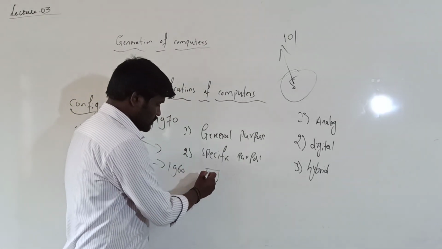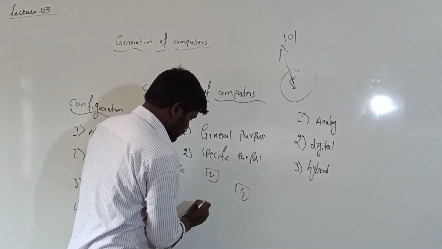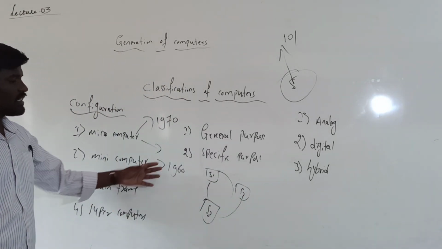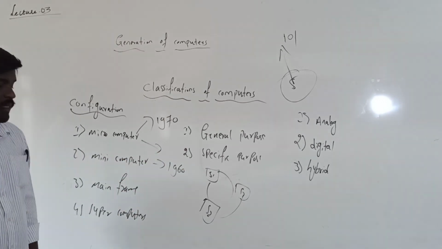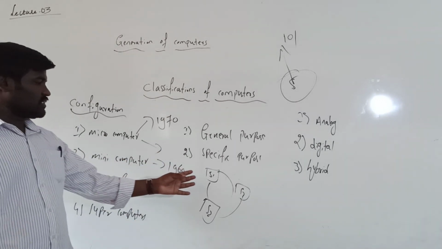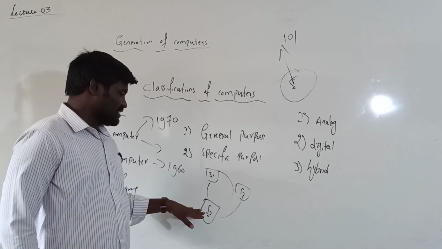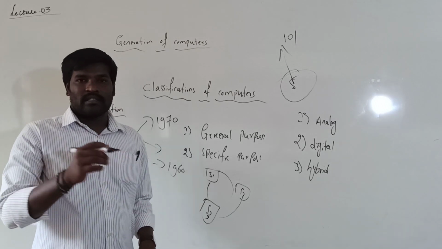So this is system 1, system 2, system 3. All the systems are interconnected to each other, because system 1 can share system 2's data, and system 2 can share system 3's data.